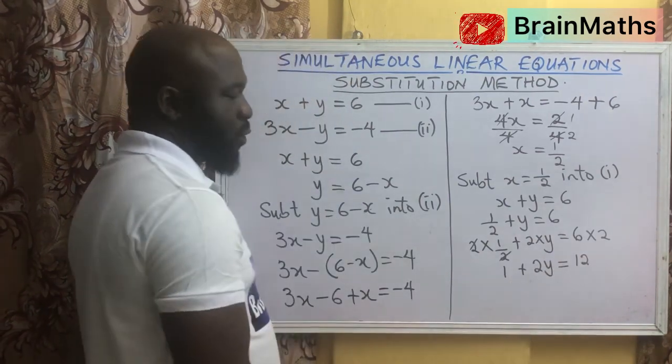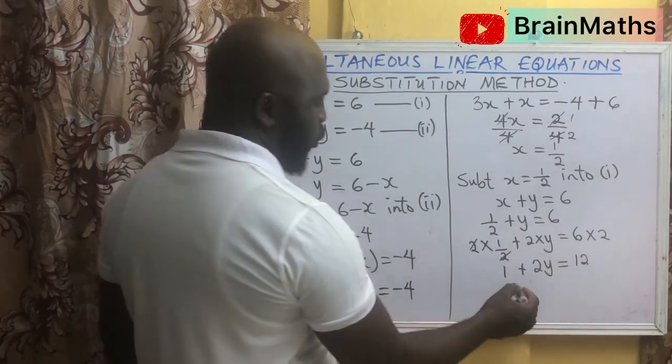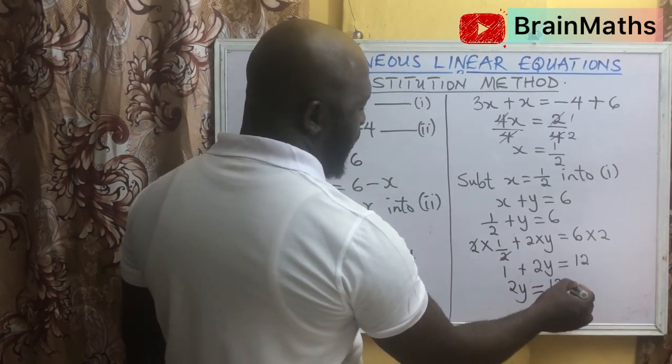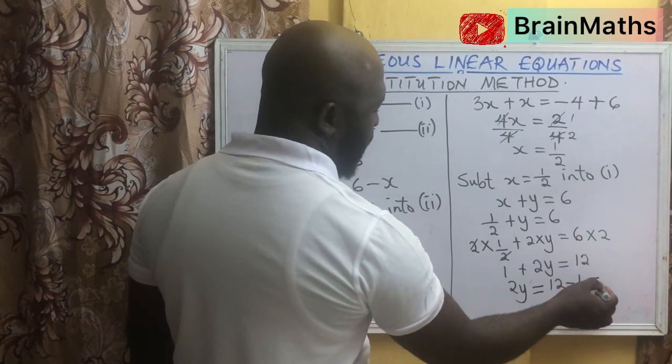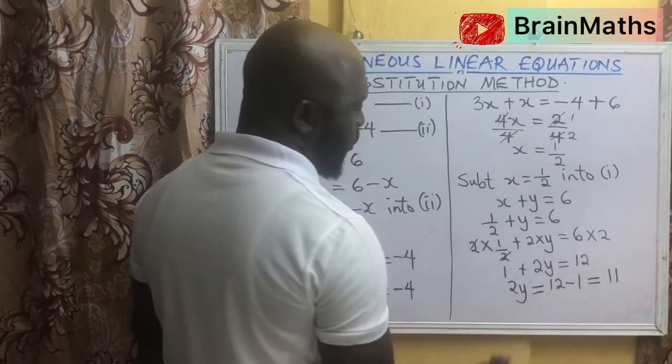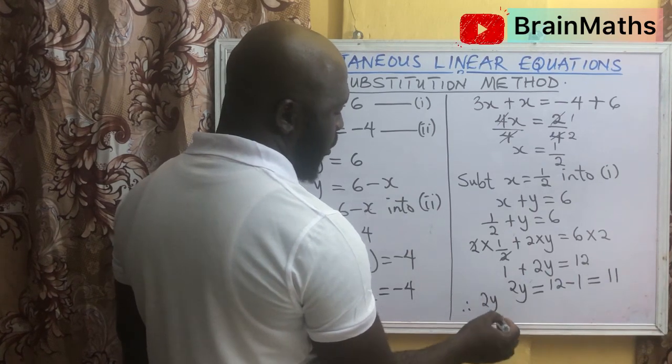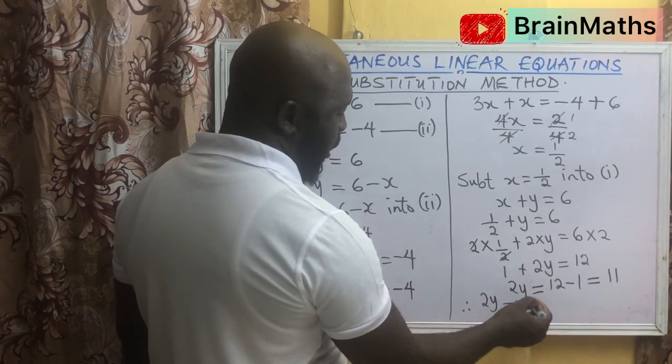So the next thing is to collect like terms. So we say 2y equals 12 minus 1, which is equal to 11. So therefore 2y equals 11.